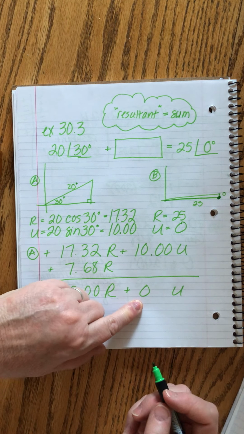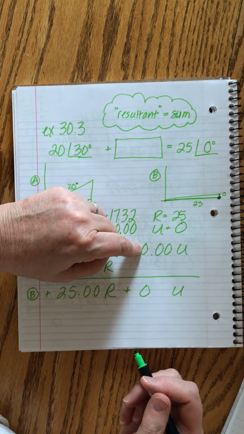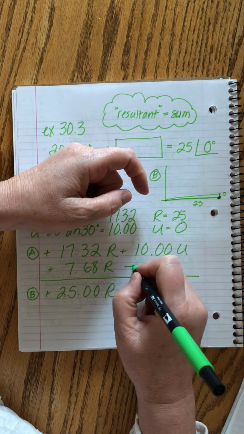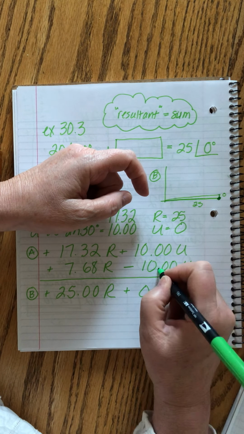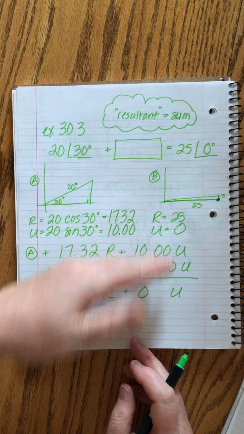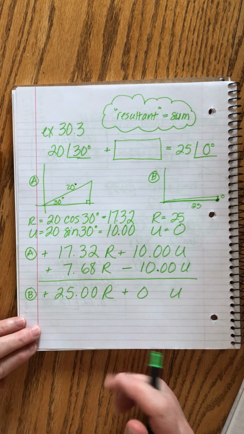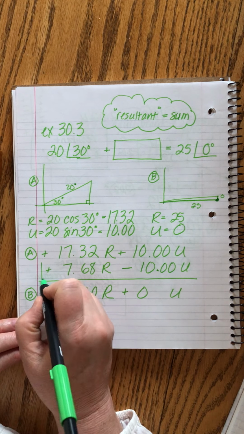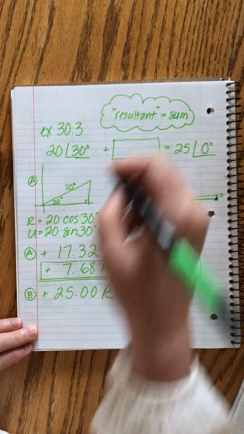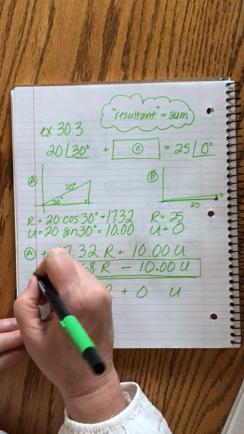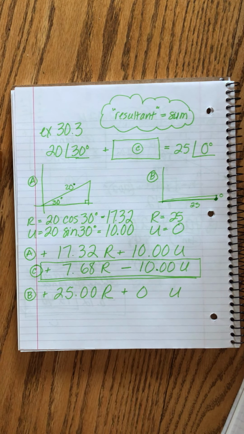And then 0 minus 10 gets me minus 10 up. Now this adds, and so this is the triangle, I'll call it C. That's our mystery triangle, right?